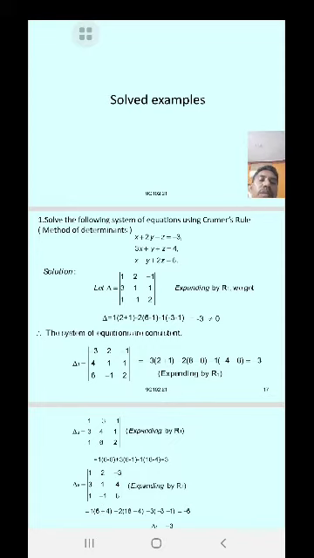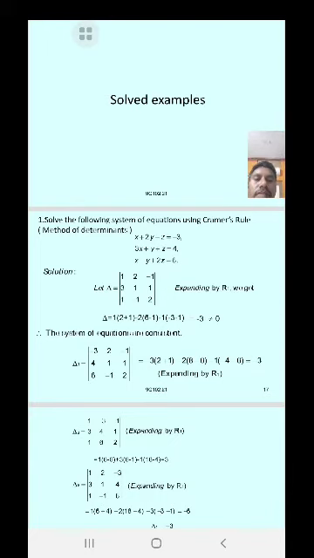Expanding by R1, we know how to expand. First one is positive, and after eliminating the row and column where the first element is, we have only 4 elements, then its determinant. So 1 into 2 plus 1. Next, for the second element we have to keep the negative symbol. Minus 2 into 6 minus 1.